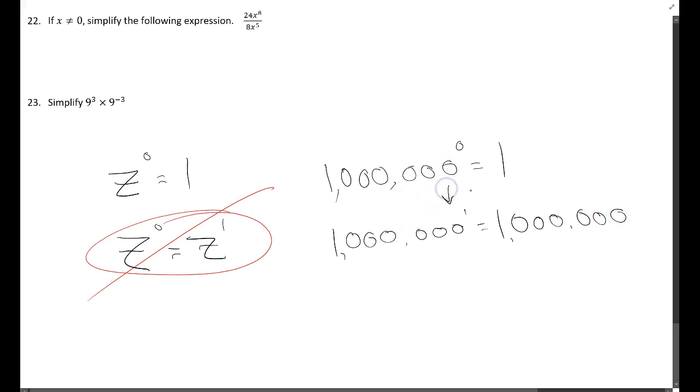These two things are not the same. So when you have something to the 0 power, the whole thing is equal to 1. This whole thing disappears and it equals 1. A number to the 0 power is equal to 1. It is not equal to that number to the first power.